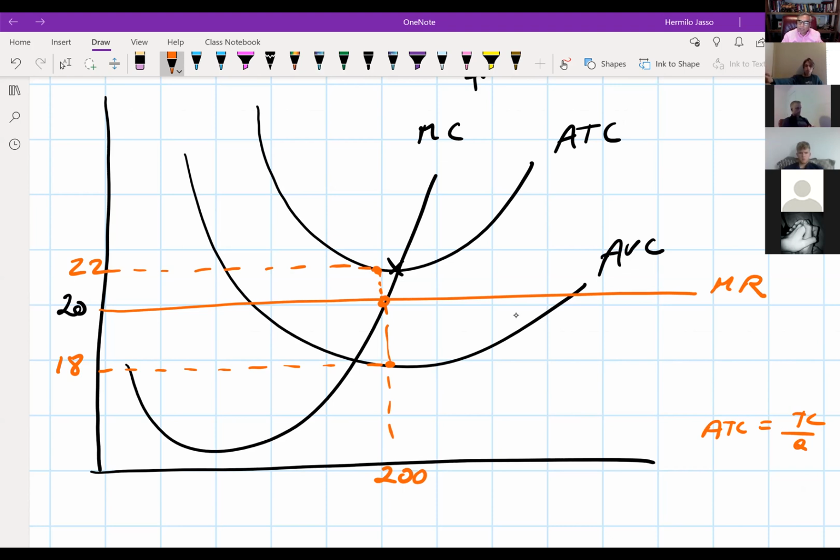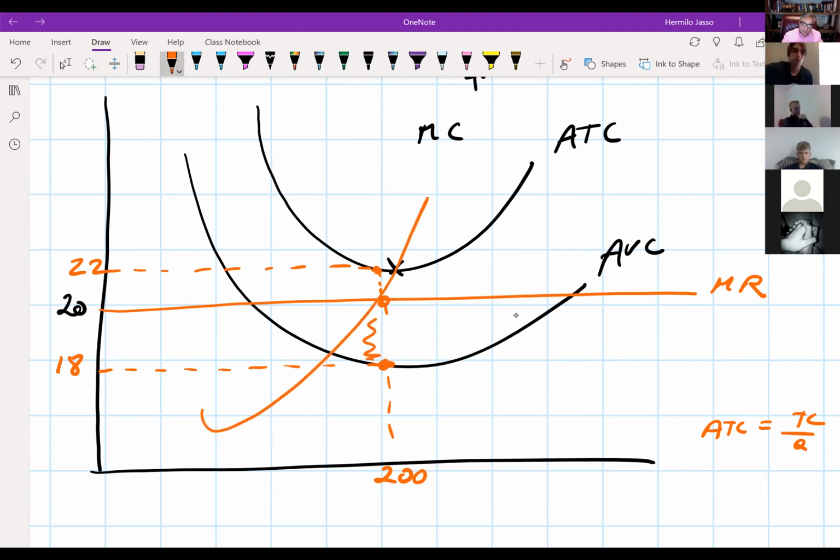But look, at a price of $20, they are making enough that they're actually paying all the labor costs. They're making enough to pay all the workers. In addition to that, we know that the distance between these two lines right here is the average fixed cost. So the company is not only covering all the variable costs, but they're also covering part of the fixed cost.